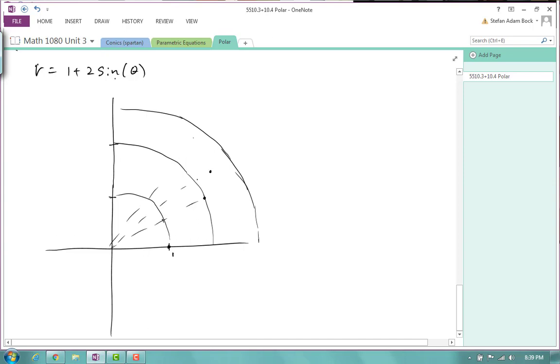And then at pi over 3, I'm almost 3. But then at pi over 2, I'm equal to 1 plus 2, which is 3. Alright, so it looks like so far I'm doing something kind of circular-ish.